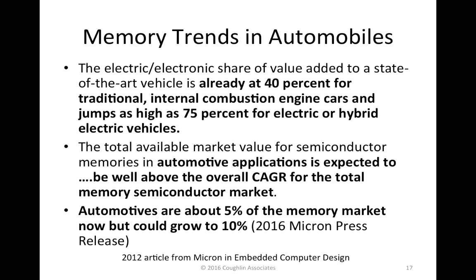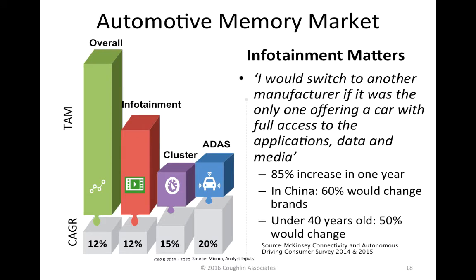Now, the total available market for semiconductor memories in automobile applications is expected to grow well above the cumulative annual growth rate for the total memory semiconductor market. And currently, automobiles use about 5% of the memory market, but it's believed with all these new functions and capabilities that could grow to 10% or even higher, according to a recent Micron press release.